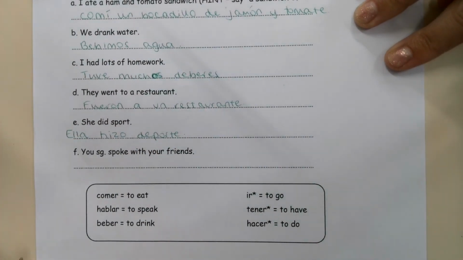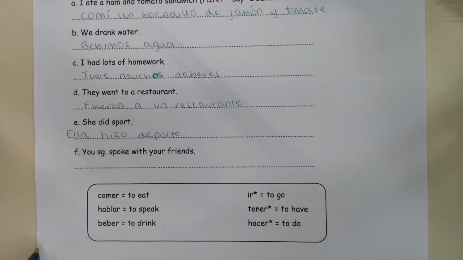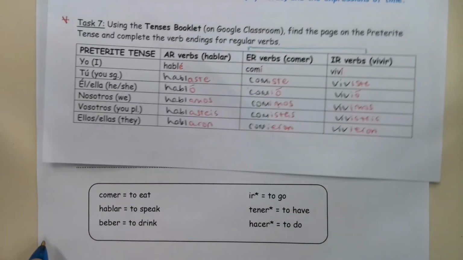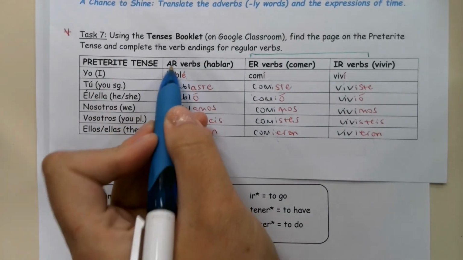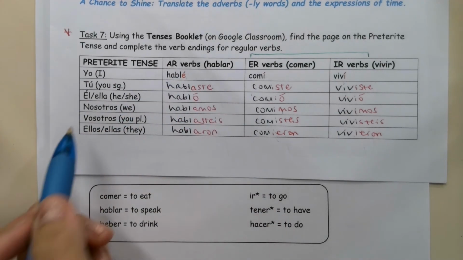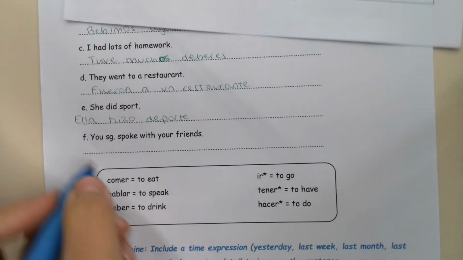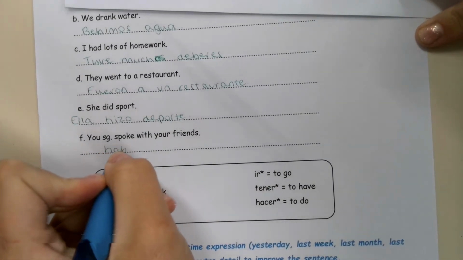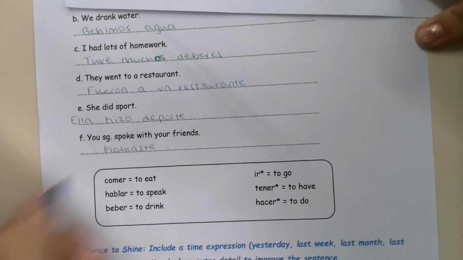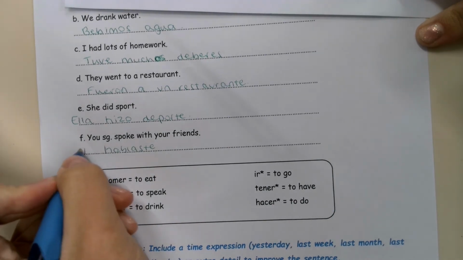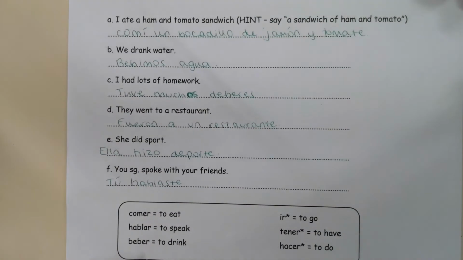You, singular, spoke with your friends or talked to your friends. So the verb to talk is hablar. Okay, hablar. And we are doing you, singular. Hablaste. Again, if you want to make it really clear, you can put tú. And that's the same with all of these.